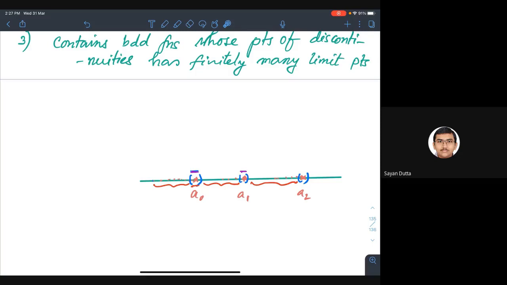Of course, this cannot go to infinity, as we have the function bounded. But the length of the interval is so small that the sum of capital M minus small m times the length of the interval will be less than epsilon. Is it clear?